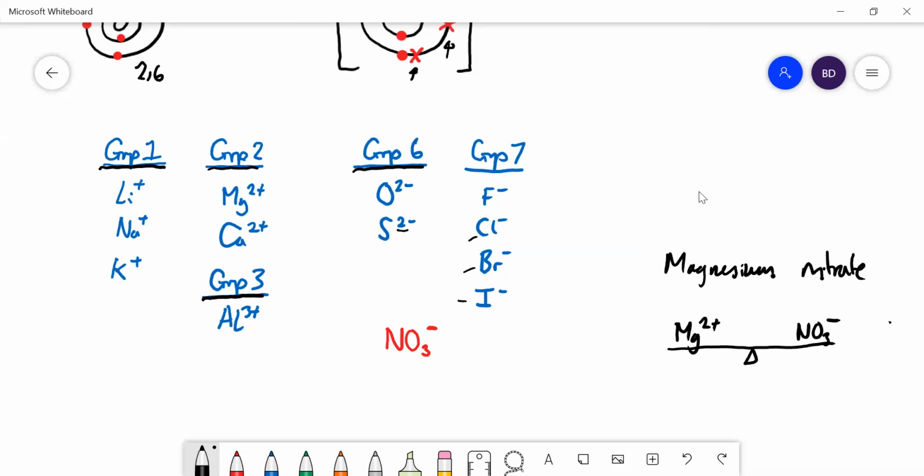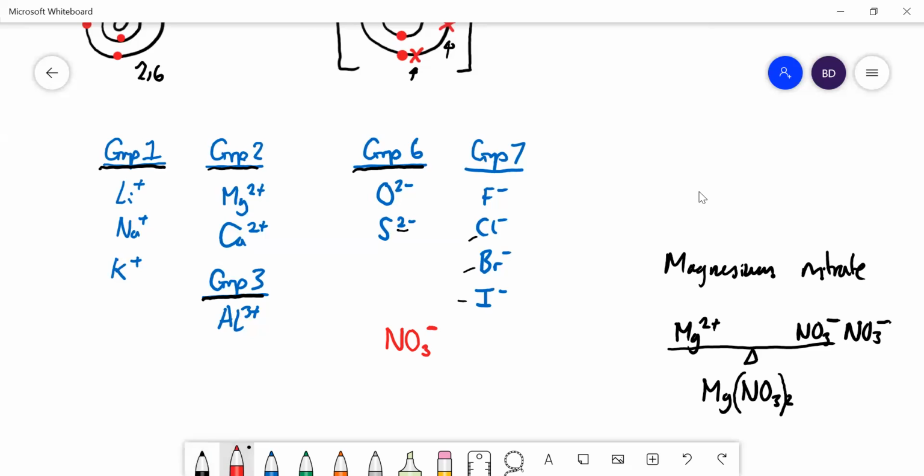Don't forget, it's not the 3 that's the minus, it's just the 1 minus up there. So we're heavy with too many pluses on that side, so we need another nitrate here. So we write the formula like this: MgNO3 2. But that obviously looks like 32, so we've got to put a bracket around the whole thing to show we've got 2 of them. So it's Mg(NO3)2. That's the formula of magnesium nitrate.